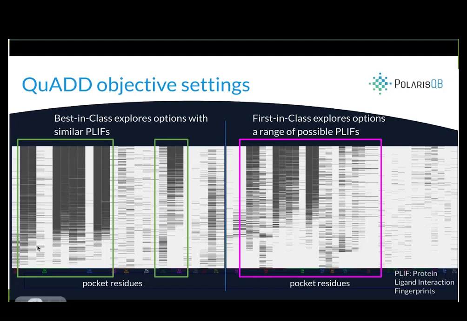For the best-in-class, you can see clear columns of interactions showing how these small molecules have similar binding modes. Whereas in the first-in-class mode, you don't get those same strong columns, so it's interacting with the pocket in different ways, which may be what you're trying to achieve in your drug discovery project.